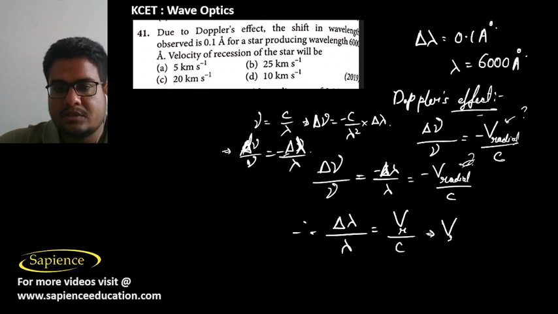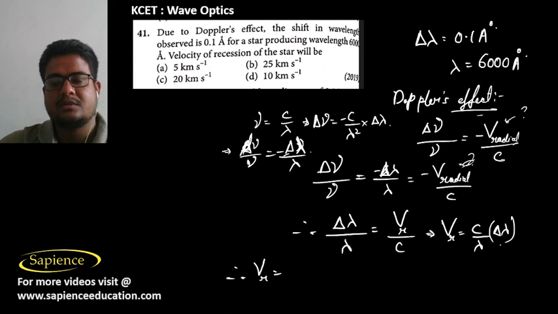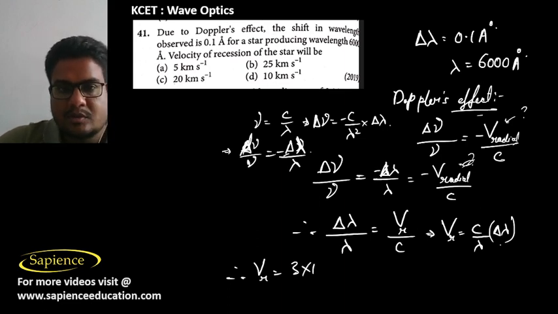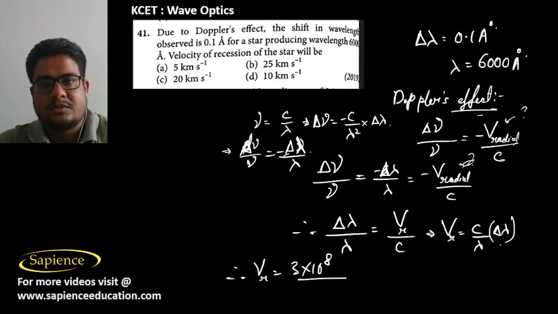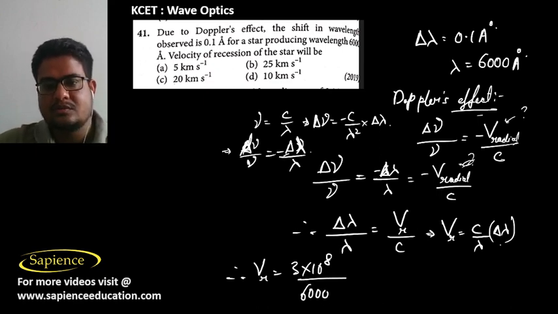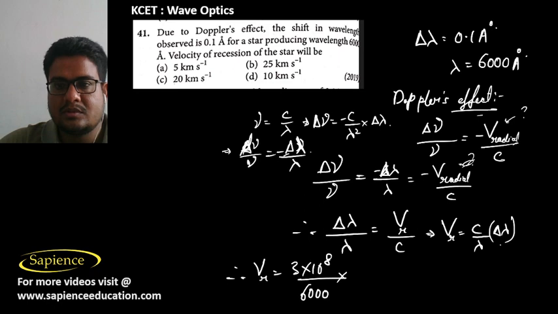So v radial will be equal to c by lambda into delta lambda. So v radial will be equal to c, that is 3 into 10 power 8, divided by lambda, that is 6000 angstrom, into delta lambda, that is 0.1 angstrom.